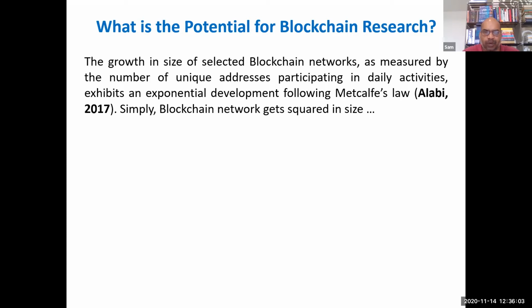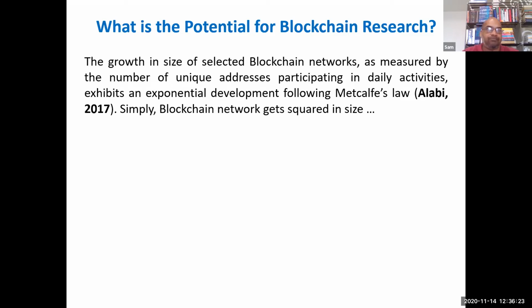So there is what we say is the growth in the size of selected blockchain networks, as measured by the number of unique addresses participating in daily activities, exhibits an exponential growth following Metcalfe's law.